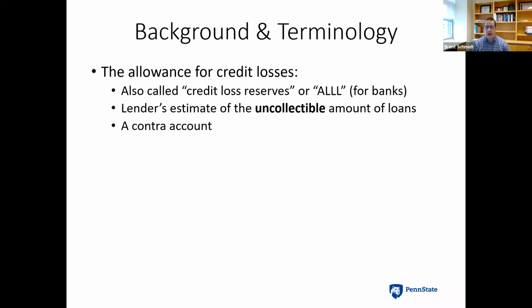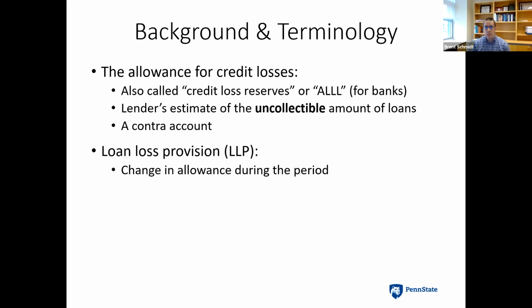So very analogous to accounts receivable and the allowance for doubtful accounts. And maybe more specific to what we're going to be looking at in this paper is the loan loss provision, which is the income statement account. Essentially, that represents the changes in the allowance during the period after you account for things like charge-offs.